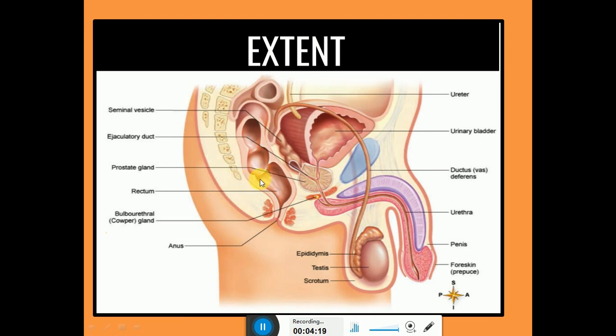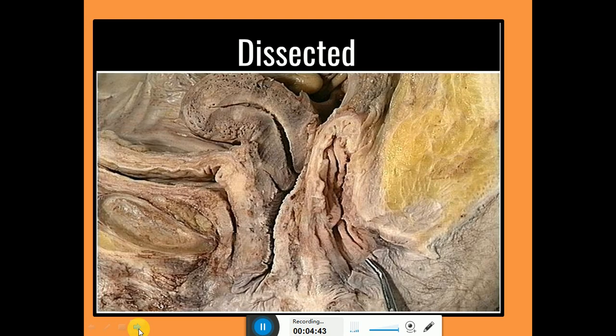So in front also it is 4 centimeters and below also it is 4 centimeters from the tip of coccyx. And where it opens at the subcutaneous region, there is a muscle called corrugator cutis ani. So this is the extent and course of anal canal.